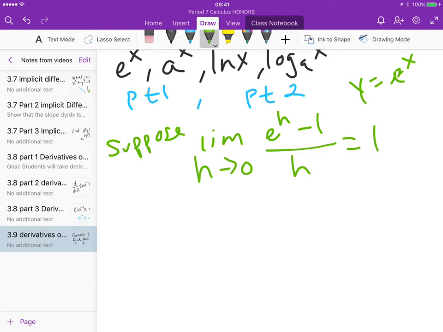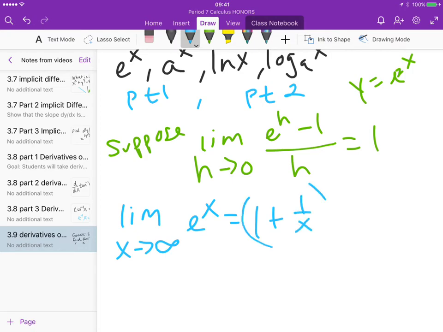We said that as x approaches infinity, the particular function we ended up with was the limit of 1 plus 1 over x, all to the quantity of x. Does this matter right now?